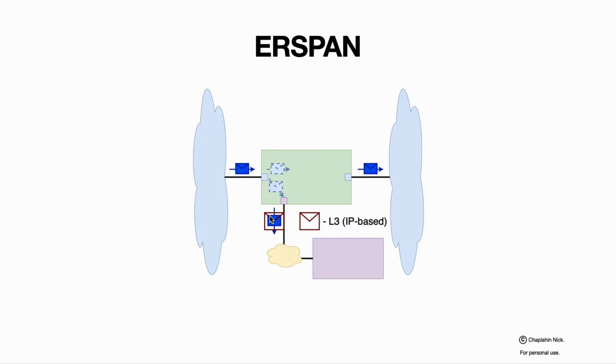It means that all original fields are kept, plus we have an additional layer of IP or some specific headers like GRE or something else, depending on the configuration.